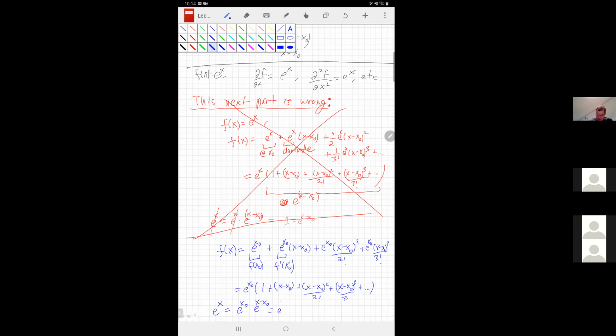And if we simplify the right-hand side, we get x naught plus x minus x naught. Those two terms cancel, and we're left with e to the x. Any questions?